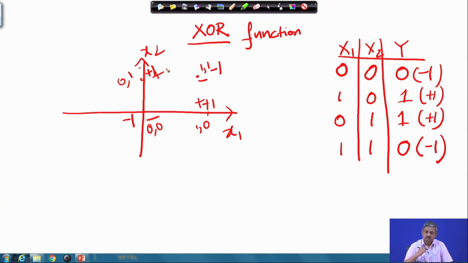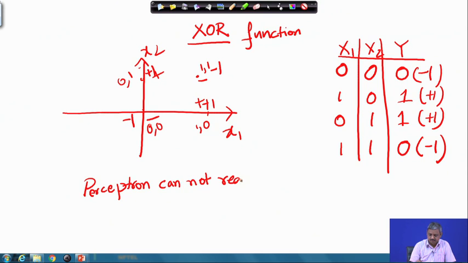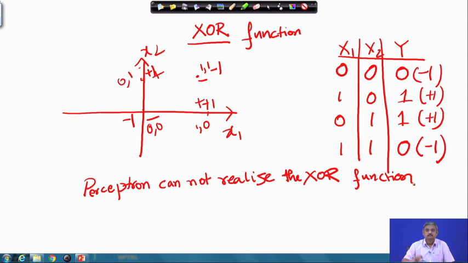So the perceptron cannot realize the XOR function. So what is the solution? The perceptron failed because I cannot separate them by a line, but maybe I can separate them by two lines.